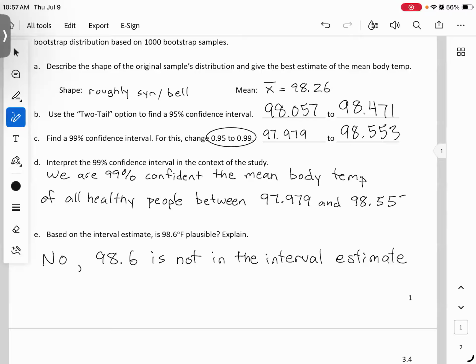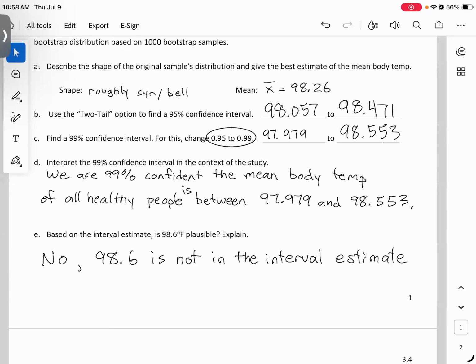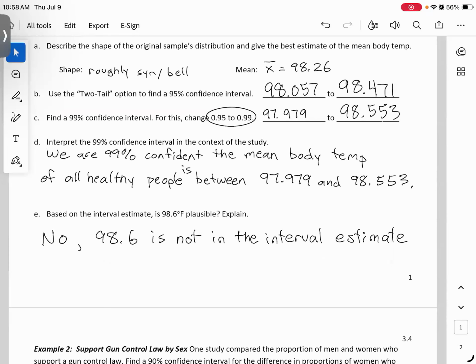And then all I'm doing there is putting my 99% certainty: we're 99% confident the mean body temperature of all healthy people is between 97.979 and 98.553. Of course, if this was the homework problem and you randomize things, you would get slightly different answers and you would put your interval there. Again, maybe 98.6 is a number that we need to think about adjusting.